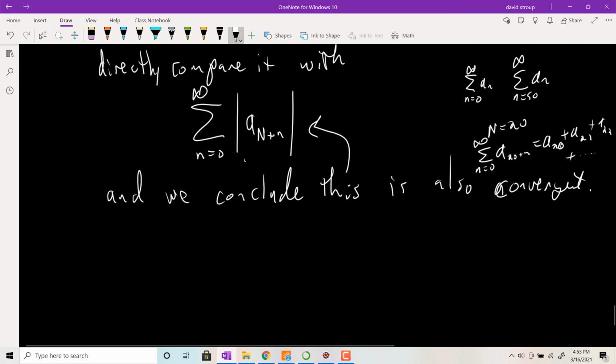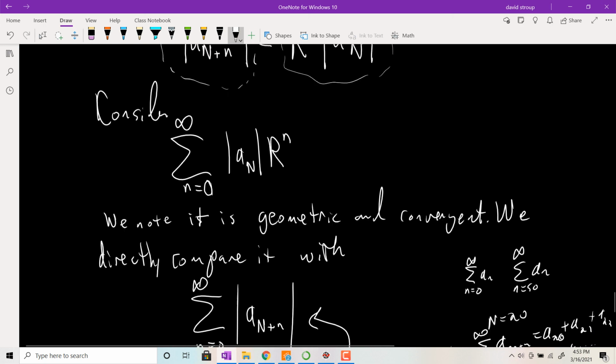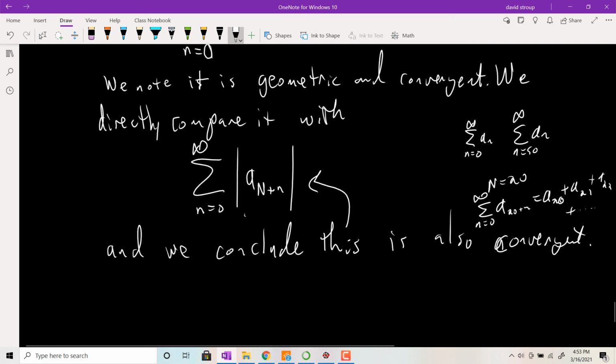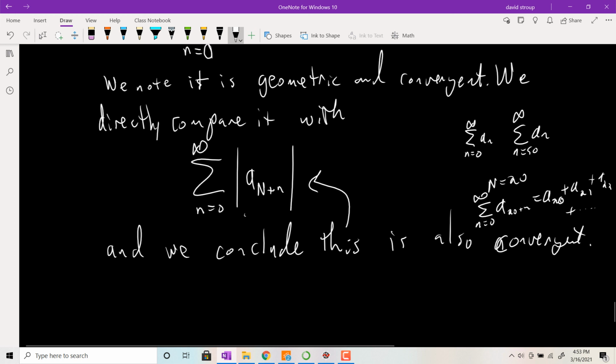So okay, let's get back on track. We know this thing is geometric and convergent because of the inequality and doing a direct comparison. This thing will converge. It's convergent, and it's a shortened version. So let me write that. We conclude that this is also convergent.